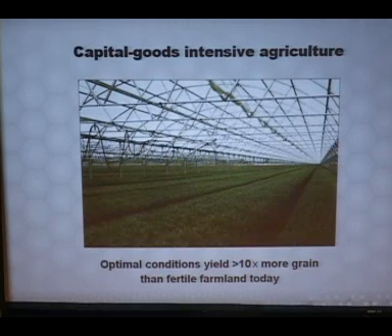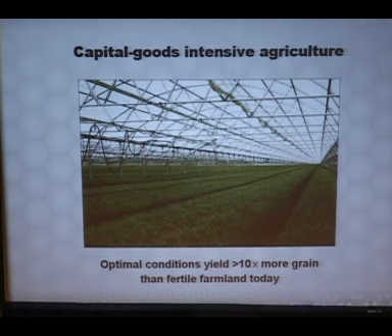On the next slide, we see an example from the modern day of a capital-intensive agricultural system, one in which the production of crops is increased by, experiments show, a factor of 10 greater than the most fertile land on Earth today.